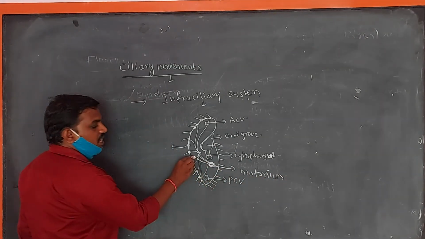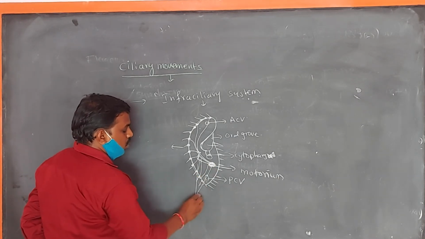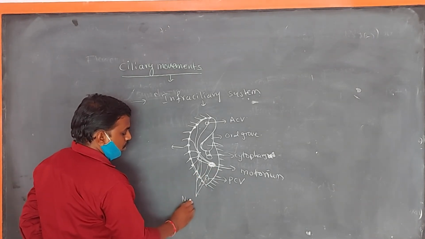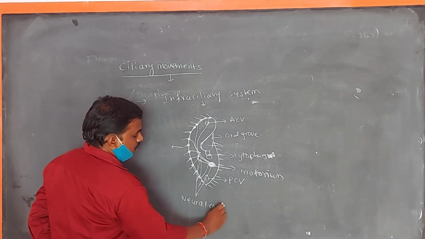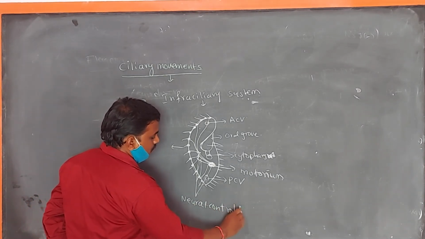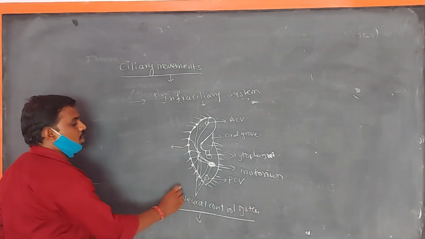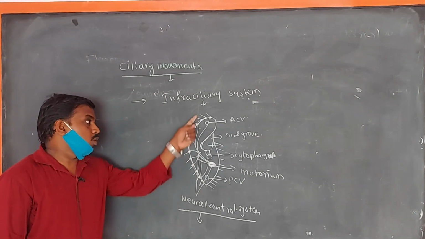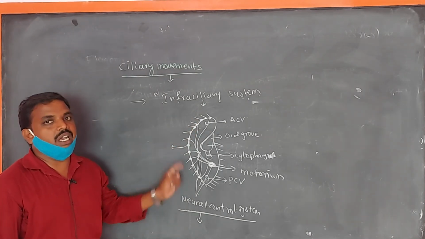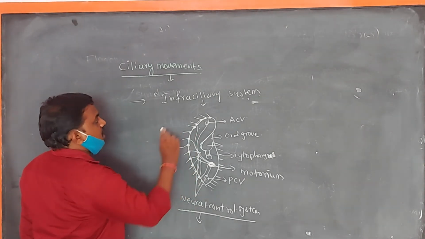So the infraciliary system and motorium, these both are also called the neural control system. The motorium is useful for the alternation or coordination of the cilia.